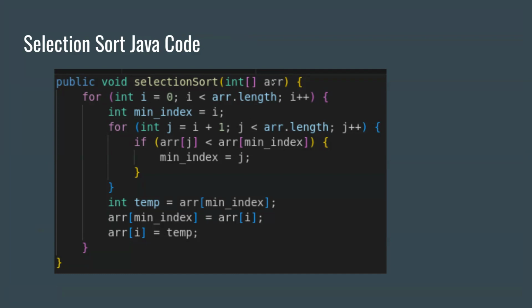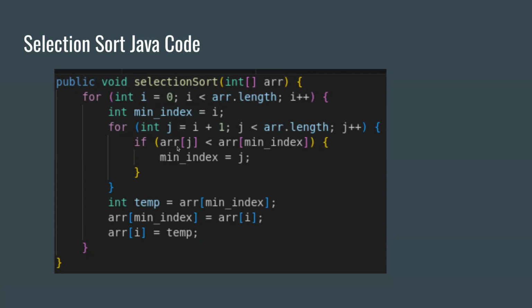So you would pass an integer array as a parameter, and then you would create a for loop with i being 0, and you would iterate until the length of the array, and you would initially set minimum index to i, and there will be another for loop declaring j, and j will be i plus 1, and j will go on until the array length, so it will iterate through the end of the array.